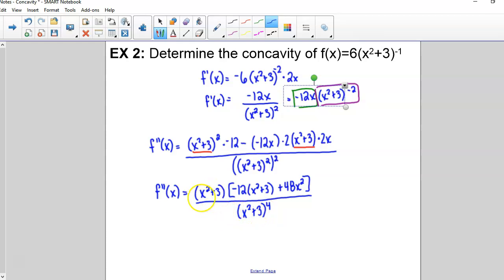Alright, so one of these can cancel here, which is the reason I did it that way in the first place. We could distribute our negative 12, so we'd have negative 12x squared minus 36 plus 48x squared all over x squared plus 3 to the 3rd.